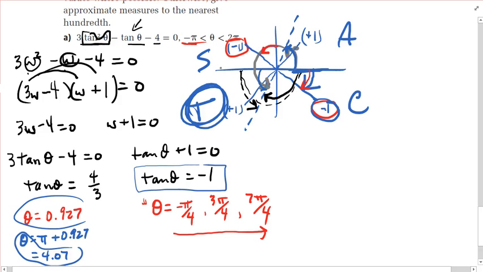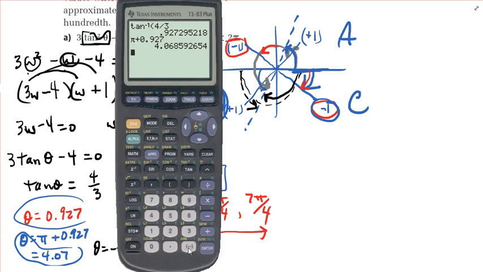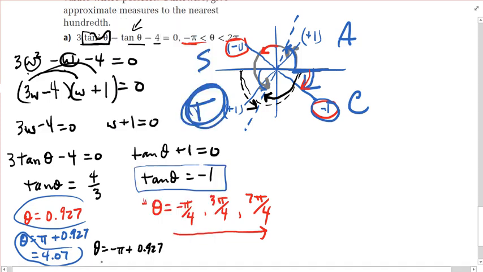Go around to negative pi and then add 0.927. So the other one is negative pi plus 0.927. Negative 2.21 is what I get.